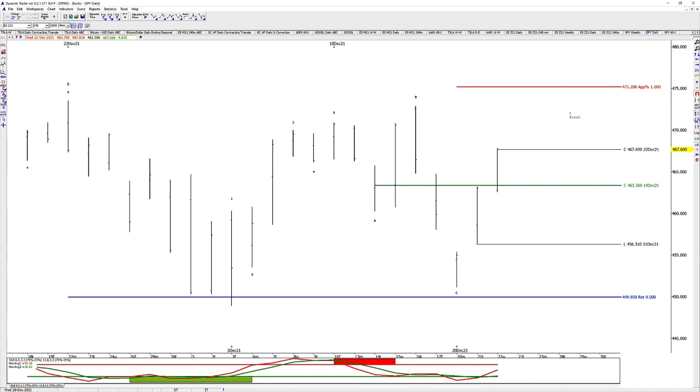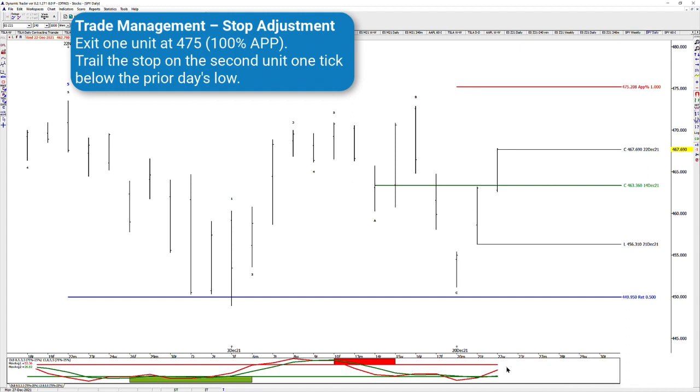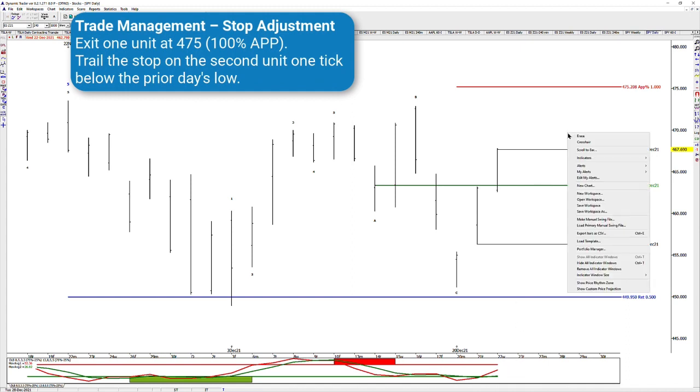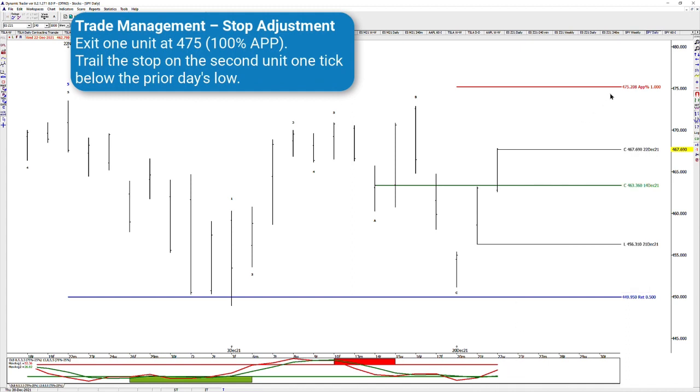How about the second unit? Now it's just half the unit. Well, I recommended, because again, more than likely the daily momentums would be reaching overbought, to exit at the price of this 100% alternate price projection, and then to trail the stop on the second unit at one tick below the prior day's low.